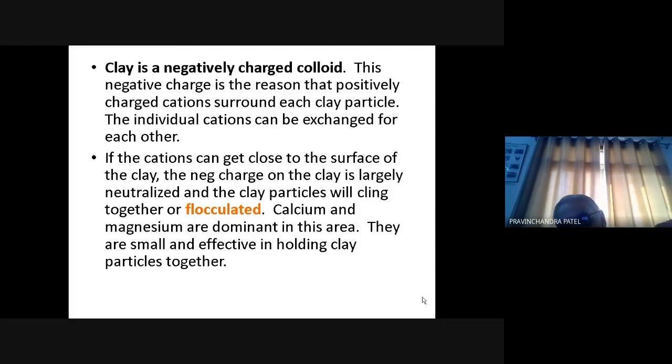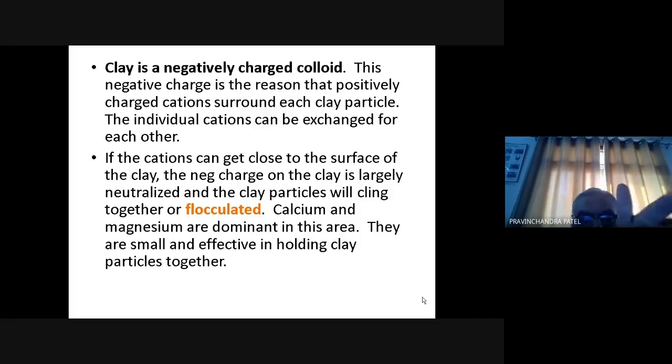When you apply irrigation water or there is rainfall, you will observe a waterlogged condition on the soil surface. It is only due to sodium clay particles. That is why the productivity of alkali soil or saline soil is low compared to normal soil, because it is deflocculated or dispersed.